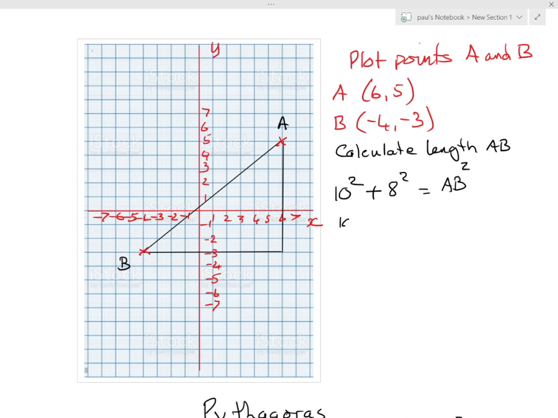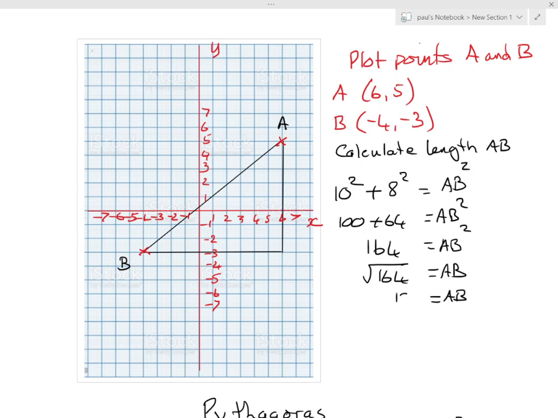Now, 100 plus 64 equals AB squared. 164 equals AB squared. The square root of 164 will equal AB. So let's do that. The square root of 164 equals 12.8.